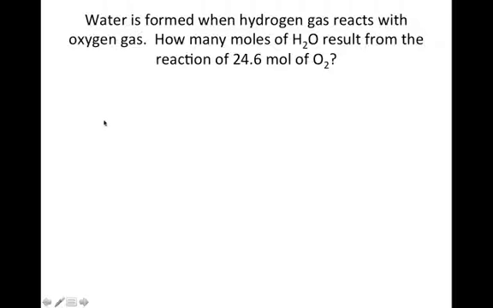When water is formed from hydrogen gas and oxygen, we can write a chemical equation. The chemical equation would be hydrogen gas plus oxygen gas goes to form water, liquid.